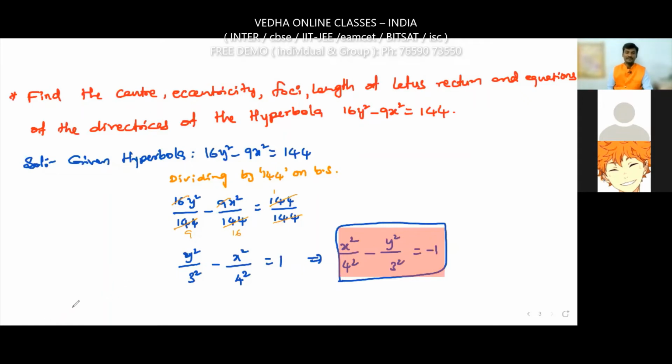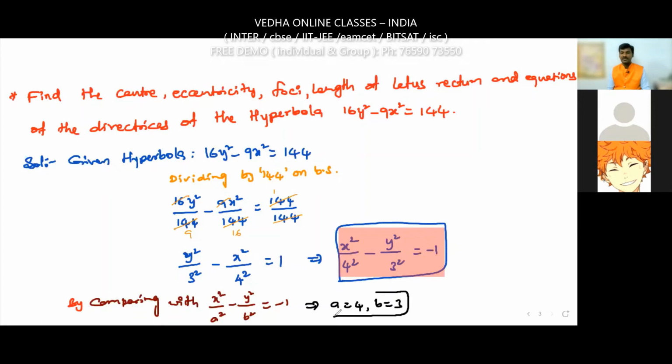By comparing with x square divided by a square minus y square by b square is equal to minus 1, what we get here are the values of a and b: a is equal to 4 and b is equal to 3. These are the values here.